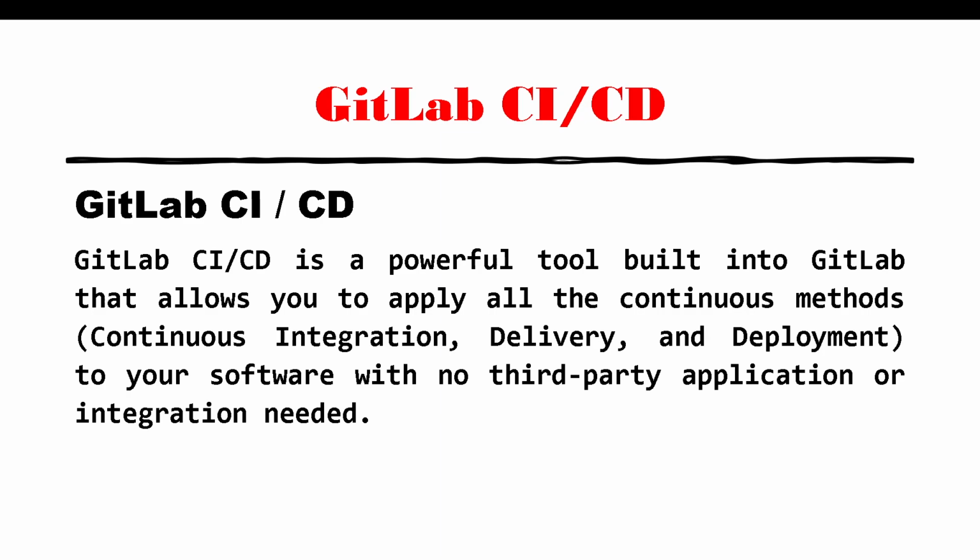But GitLab comes with its own CI/CD, and when you're using GitLab, it is always recommended that we make use of GitLab CI/CD. But if you still want to use a third-party tool, we can still do it. For example, we can use GitLab as a code repository and use the Jenkins tool to do the CI/CD. So that is GitLab CI/CD.